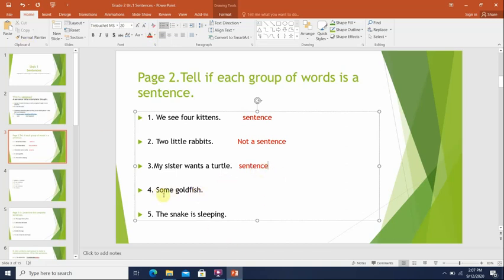Number 4, some goldfish. Some goldfish. Did it mention anything about the goldfish? It just said some goldfish. So this is not a sentence.